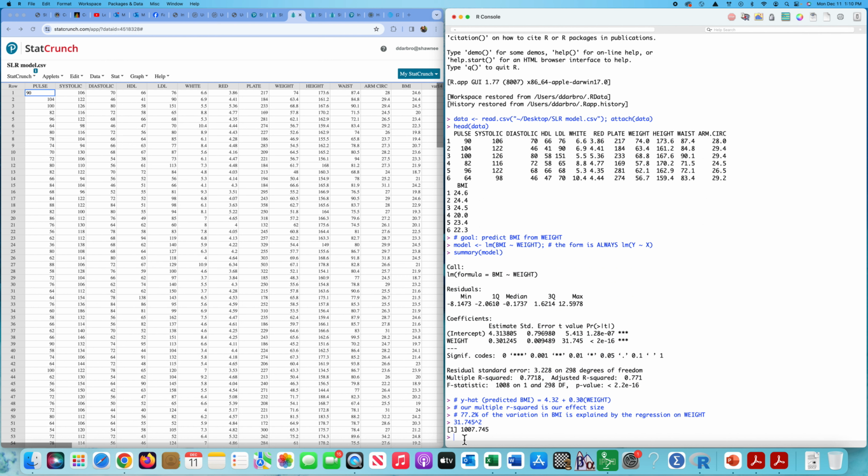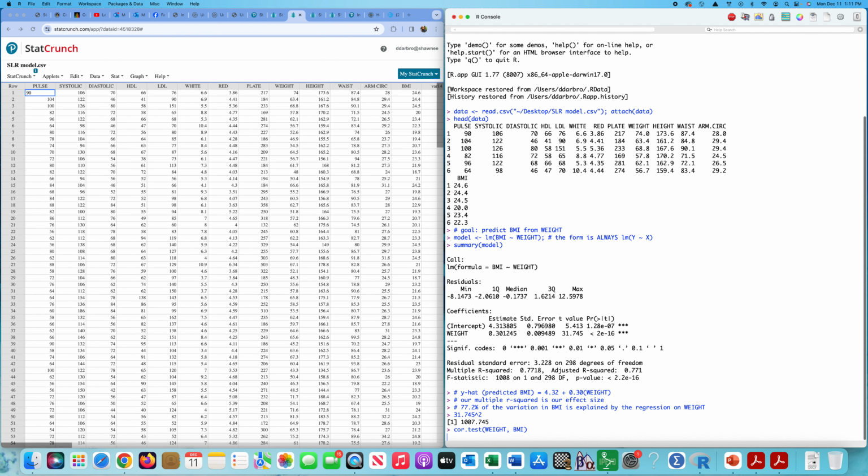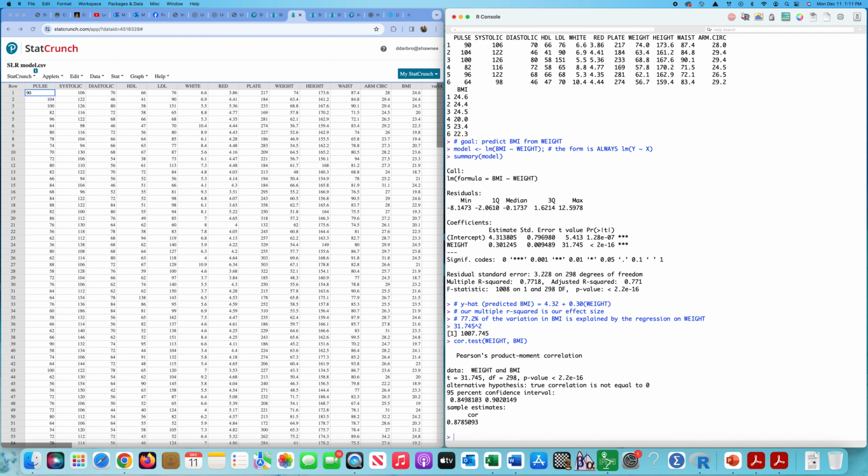Now, I would also probably want to run a correlation test, and I would want my X to go first. It doesn't have to, but I think it's a good idea to get in the habit of that. And I want my Y to go second, so I can run a cor test. And this gives me the correlation between the weight and BMI. Again, in a simple linear regression case where our correlation is pairwise and we only have one predictor, it gives us the same thing.